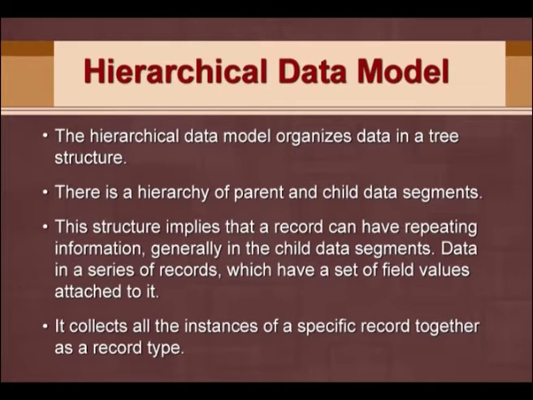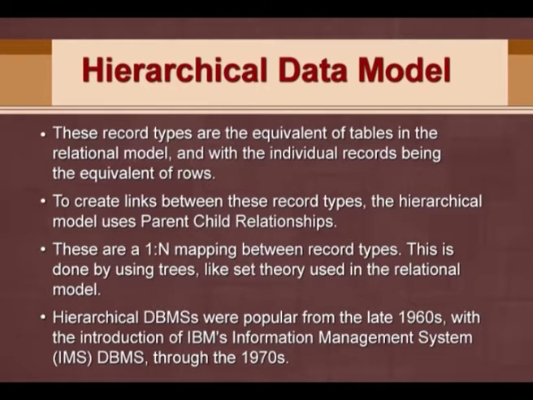It collects all the instances of a specific record together as a record type. The complete data is organized in a hierarchical fashion, right from the parent to the child and then the grandchildren. So, let us see one example also.